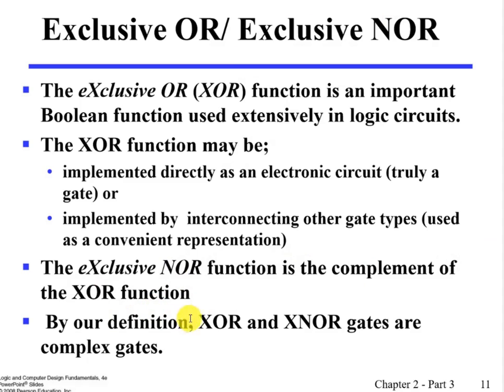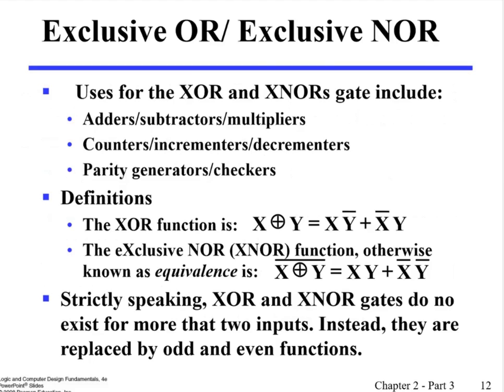We call XOR and XNOR complex gates, while the other gates covered so far are called primitive gates. Exclusive OR and exclusive NOR gates are usually used in implementing adders, subtractors, multipliers, counters, incrementers and decrementers, parity generators, and checkers.